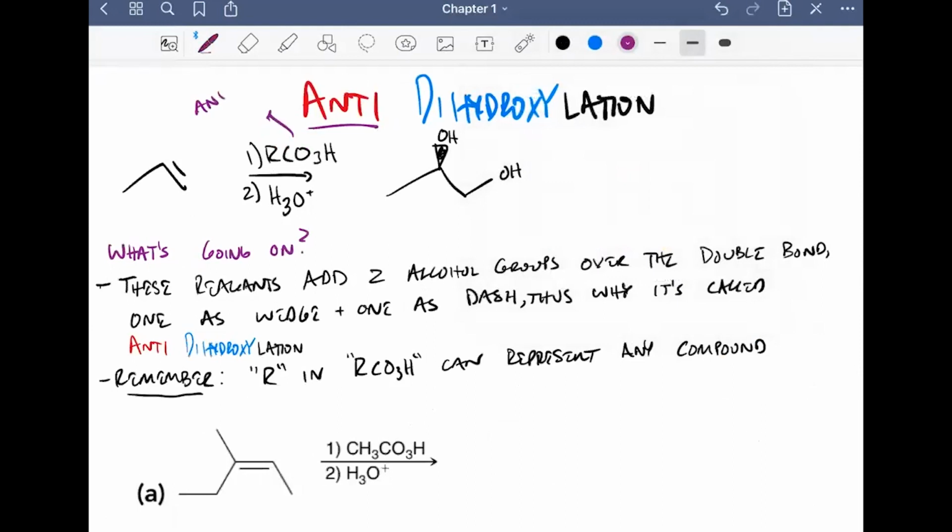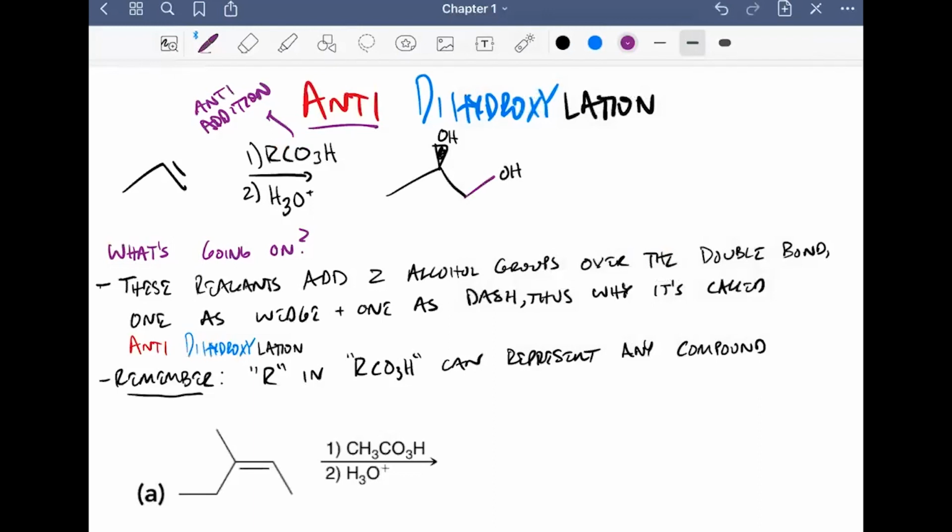This is anti-addition. So just how we had 1 wedge and 1 dash over the double bond for our halogenation, we're doing the same thing. Obviously, again, for this example, I didn't write the dash here, but if you learn better that way, that's perfect. So I wrote, these reagents add two alcohol groups over the double bond, one as a wedge, one as a dash, why it's called what it's called.